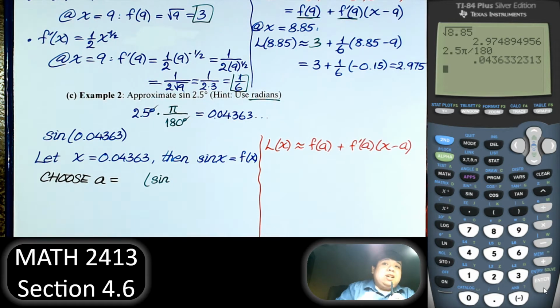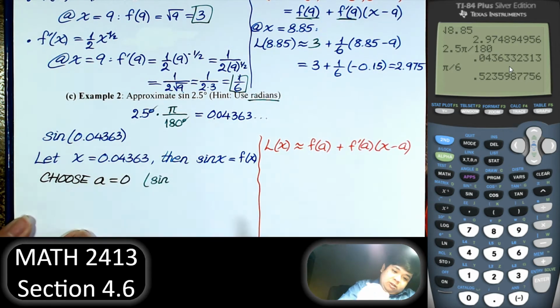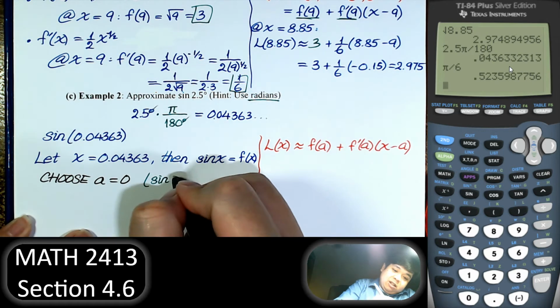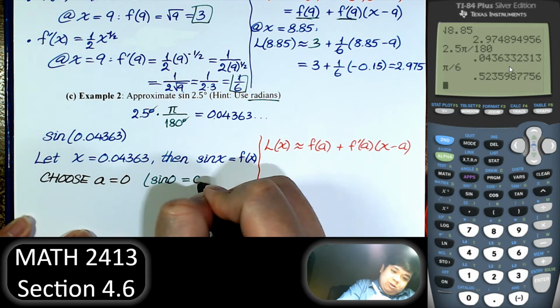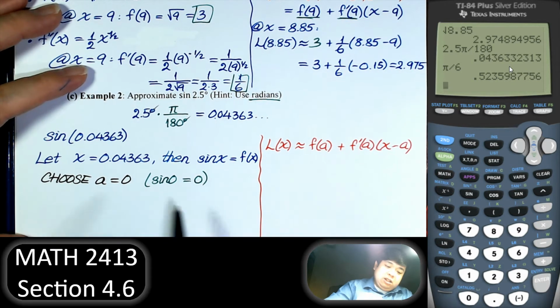Pi over 6 is that much, which is not close to 0.4 something. The closest one is 0. Sine 0 is conveniently 0. So if we choose a equal to 0, we can evaluate the function extremely easily.